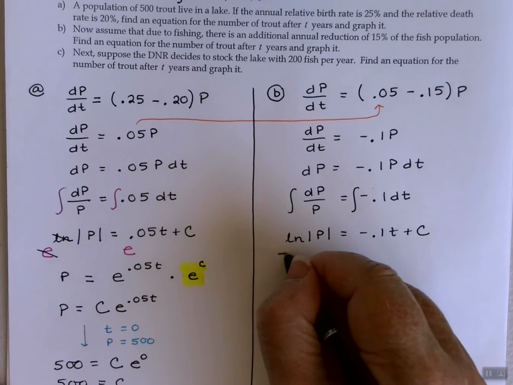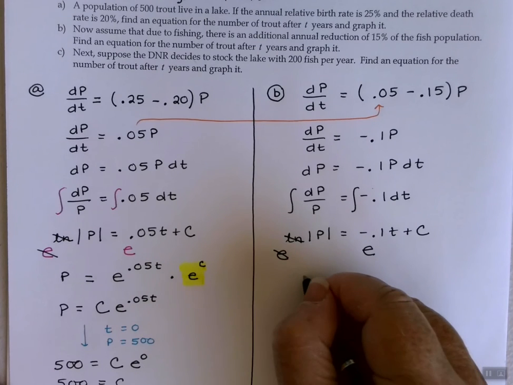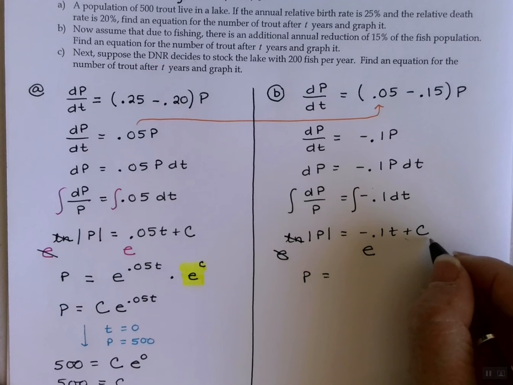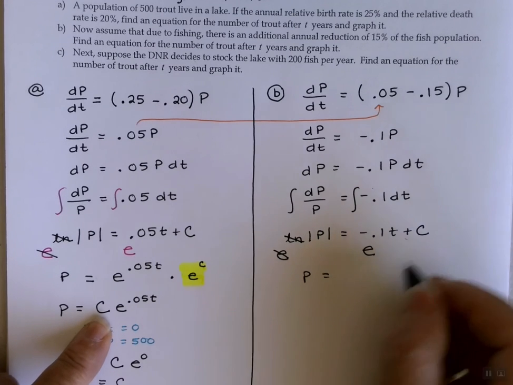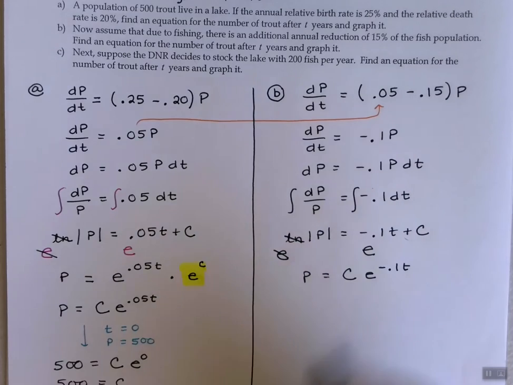To solve for p, I will exponentiate both sides, giving me p equals, and I'm going to do the same little trick with the c. It's just going to bring the c down in front like it does here, times e to the negative 0.1t. Okay. Same basic equation, just a different constant, right?